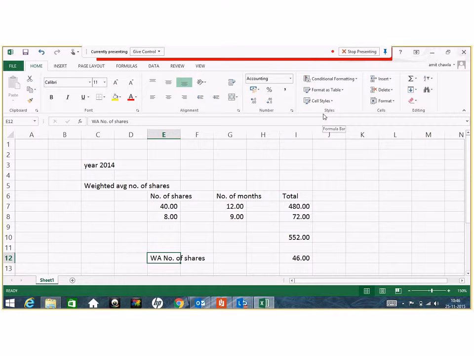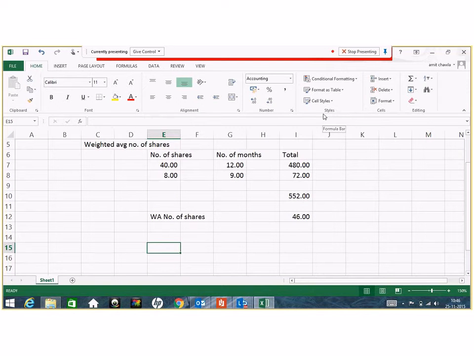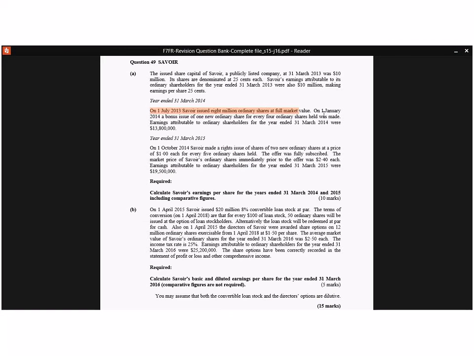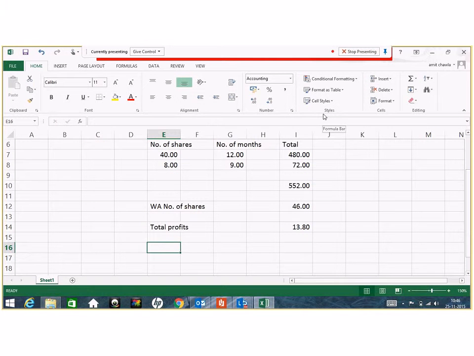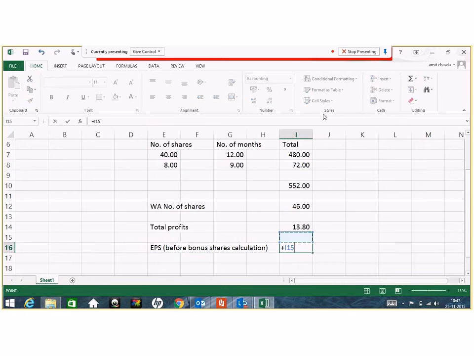Right? Now, with respect to this, I am given also the total profits, which is 13.8 million, which means that my EPS before the bonus shares calculation stands at 13.8 divided by 46, which is 0.30.